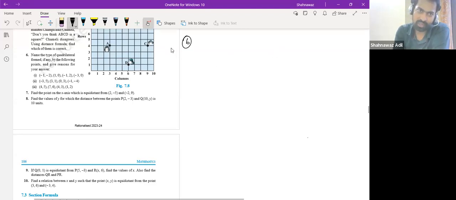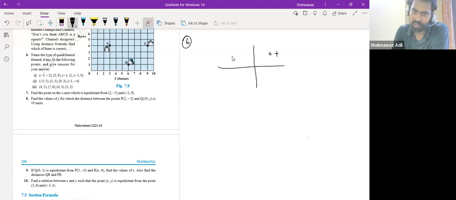Just remember the sign convention: this quadrant is plus plus, this is minus plus, this is minus minus, and this is plus minus, for x and y. So we have (-1, -2). This will lie in the third quadrant.